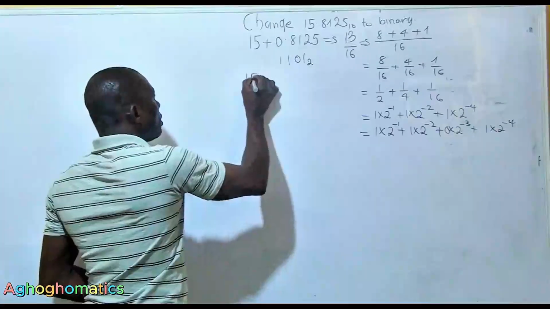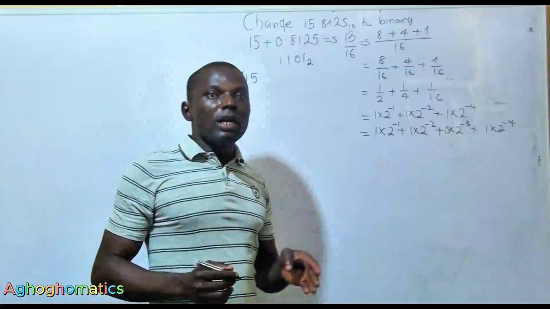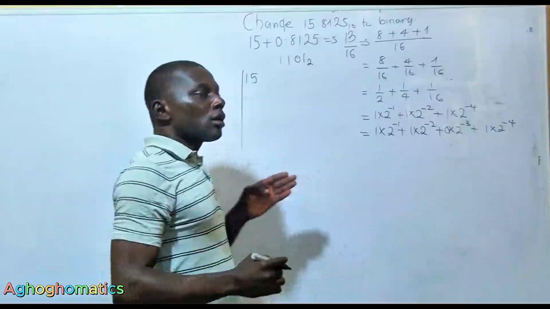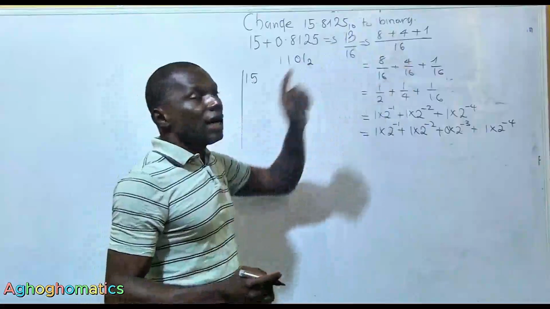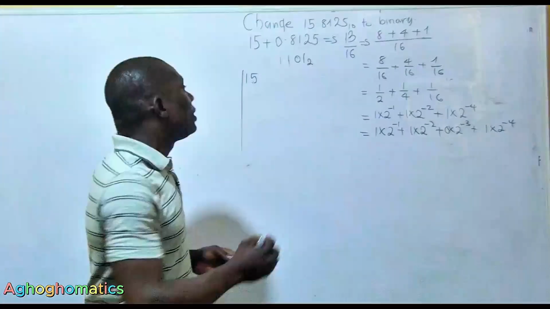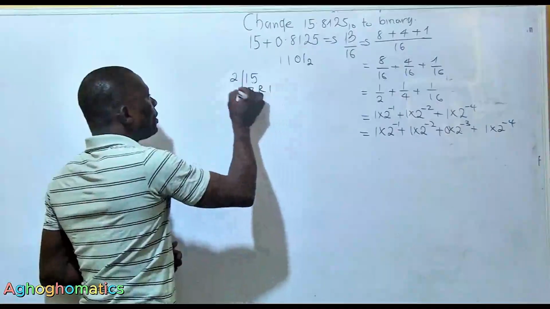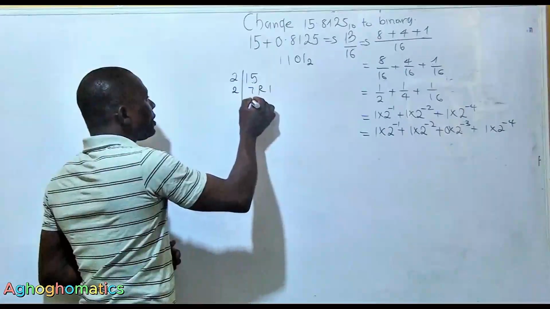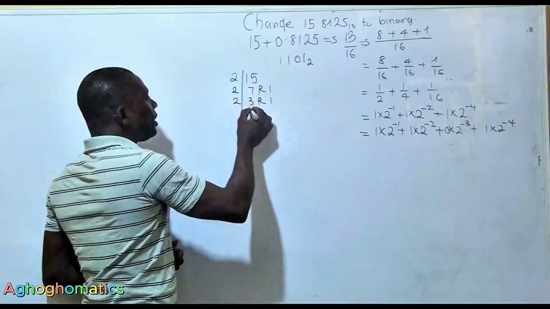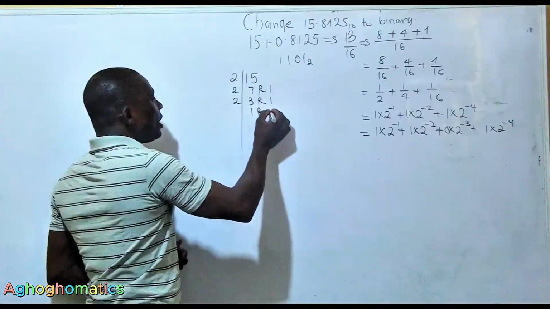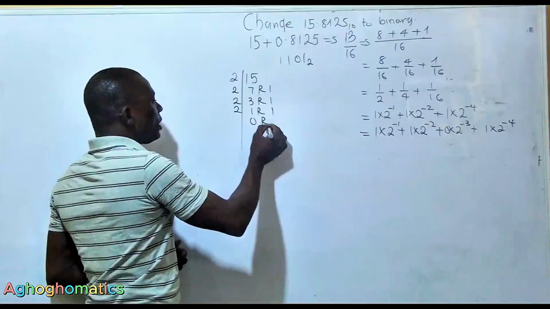Now let's find the whole number part, which is 15, and that is easy for us to handle. Here we continue to divide using what we call division by the base, and each time we keep a remainder. So 2 in 15 is 7, leaving a remainder of 1. 2 in 7 is 3, leaving a remainder of 1. 2 in 3 is 1, leaving a remainder of 1. 2 in 1 is not possible, so we bring this 1 down here.